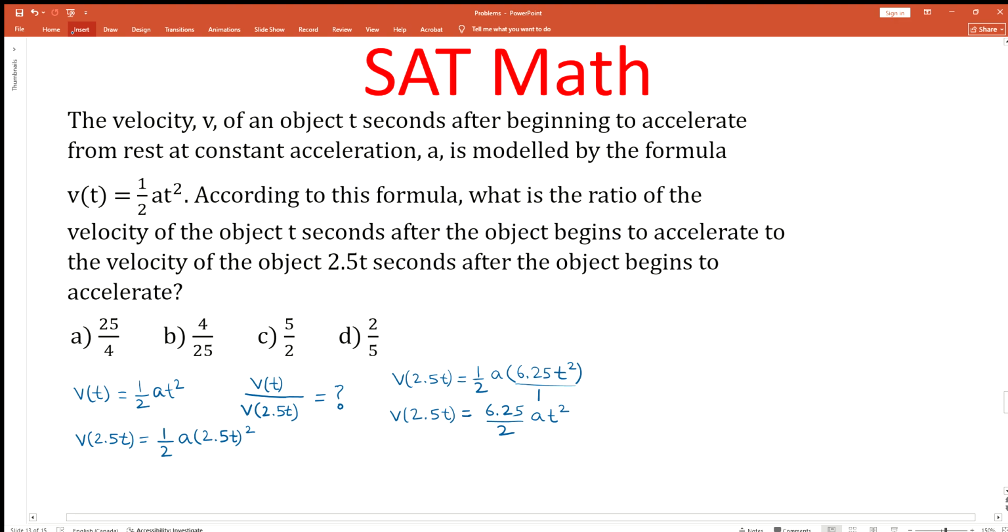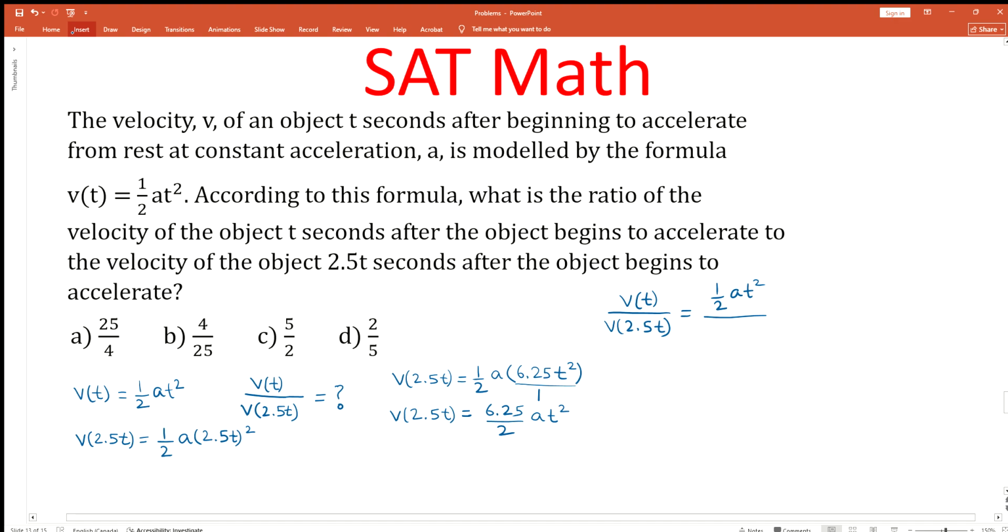We can use this expression to find the ratio v of t over v of 2.5 t. In the numerator, we can use the formula for v of t. That is half times a times t squared.